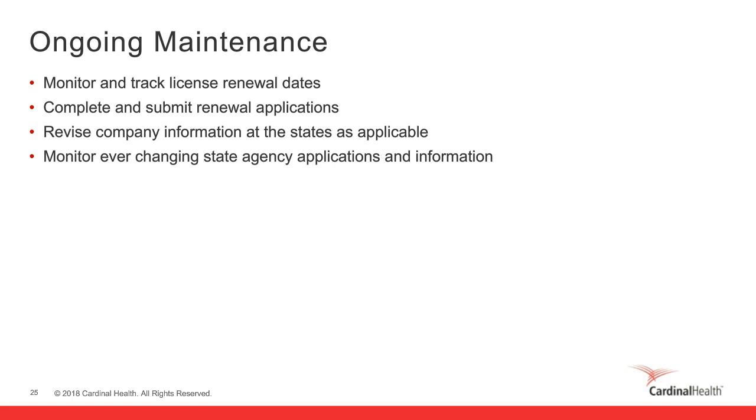Our services also include providing updates and revisions to the state to advise of company changes, such as new officers, location changes, updates to product type, etc. Many of these company updates must be reported to the state in a timely fashion. Depending on the update or change, the notification may take place during the renewal.